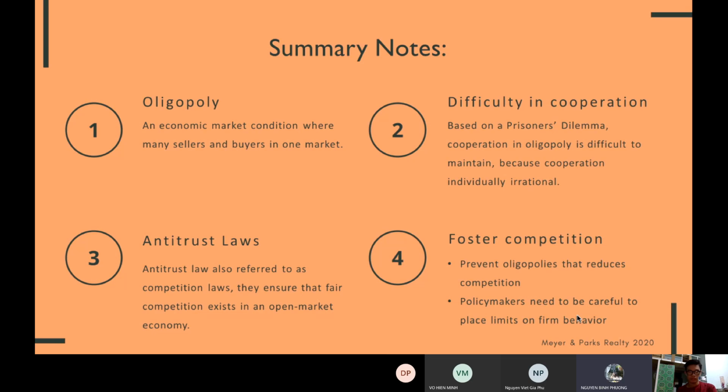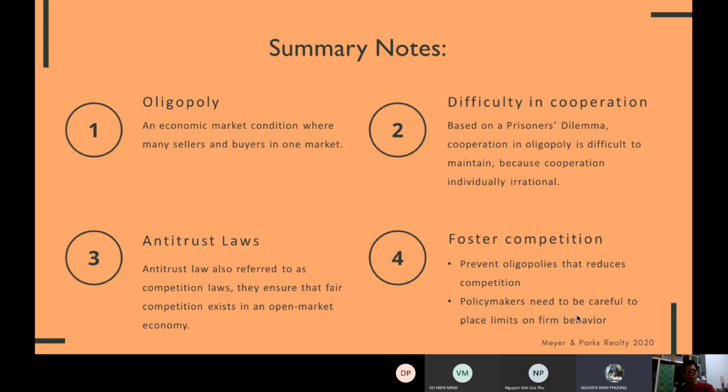And the second question is how antitrust law is used to foster competition. We have known that antitrust law is also referred to as competition law that ensures fair competition exists in an open market, which just means to protect trade from unfair rules and price fixing.